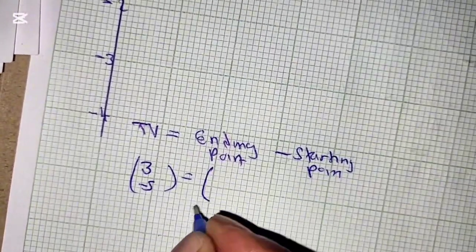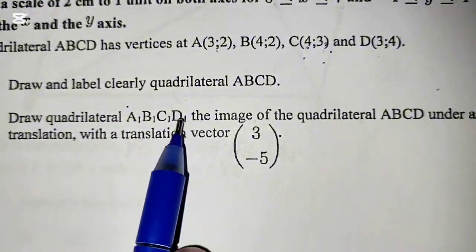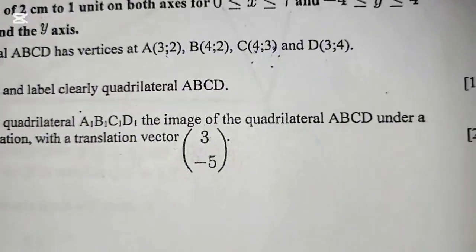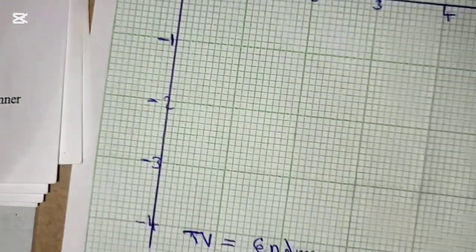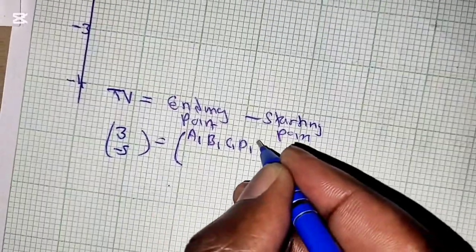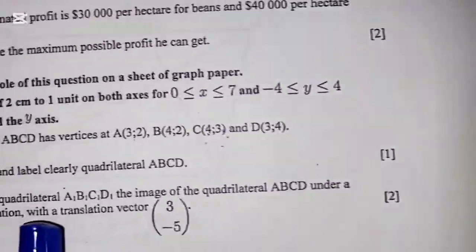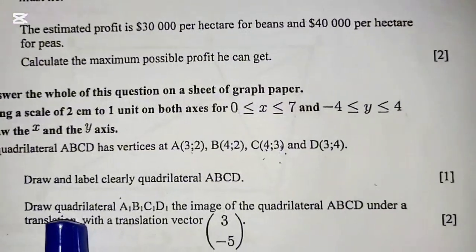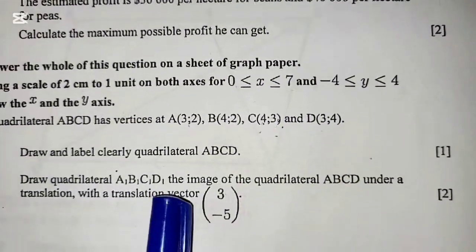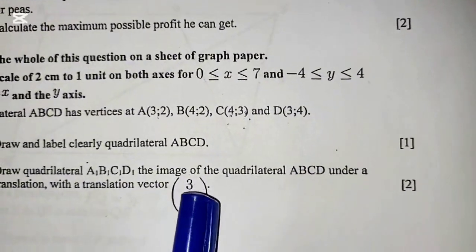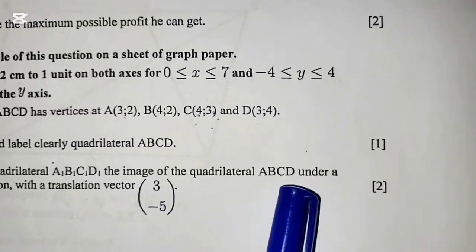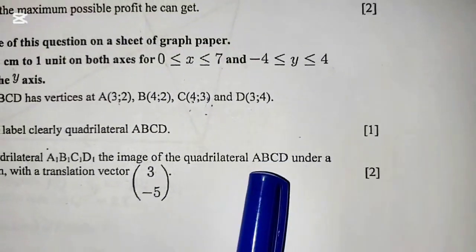Is equal to ending point. It's the quadrilateral A1, B1, C1, D1. That's the ending point. Minus starting point. Let's read our question carefully. Quadrilateral A1, B1, C1, D1 is the image, which means the second shape of quadrilateral ABCD, which means ABCD is our starting point.